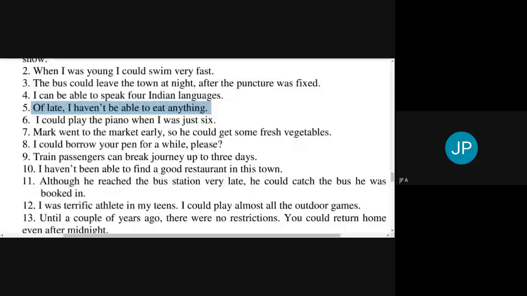What is the error? Of late, I haven't been able to eat anything. B is the error. There is a mistake in B. B has to change. It should be: I haven't been able to eat anything.